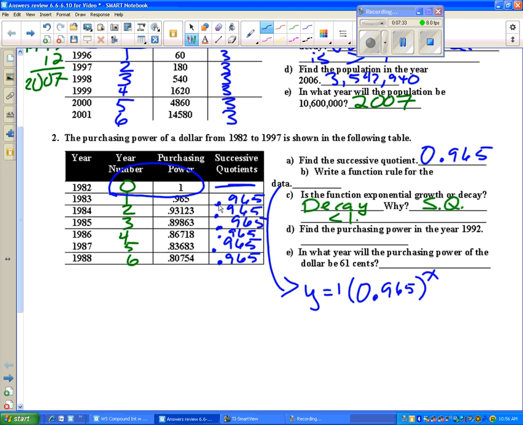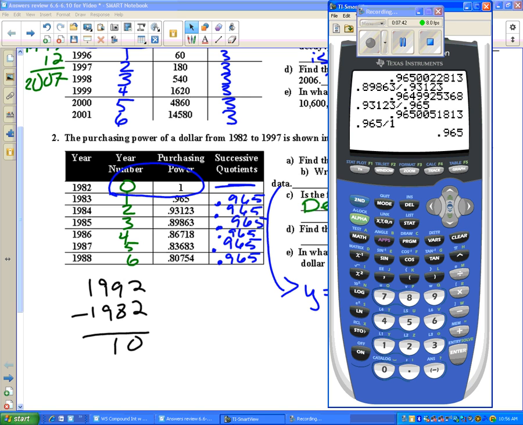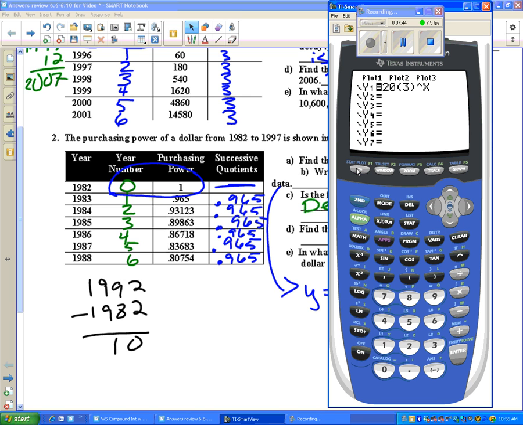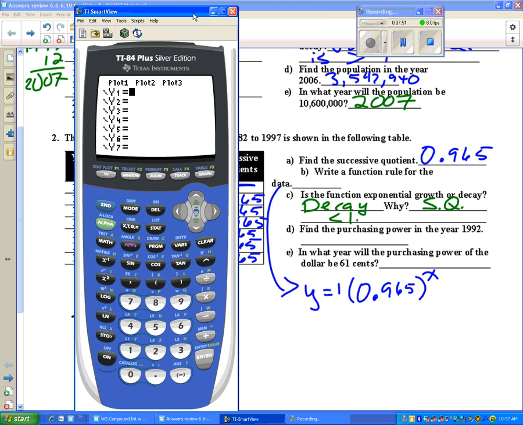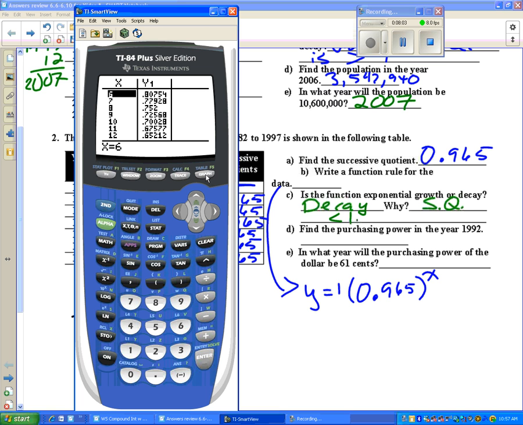Again, I want to take 1992 and subtract 1982, and I get 10 years. I go to my handy dandy calculator. I go to y equals. I'm going to plug in my equation. My function is 1 times 0.965 to the x power. I'm going to go to my table and I want 10 years.